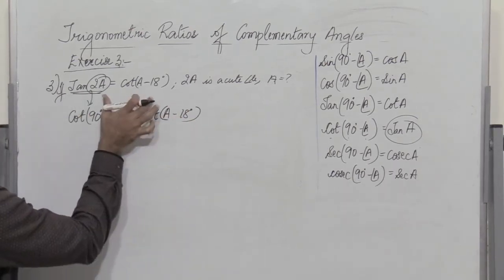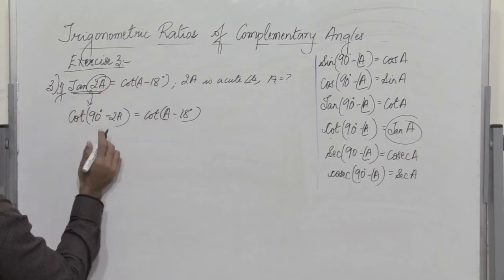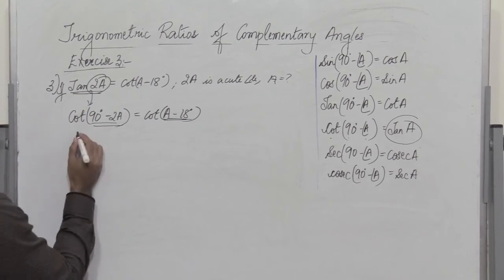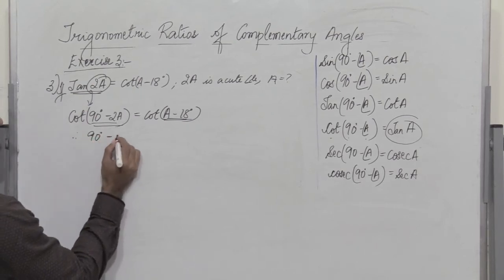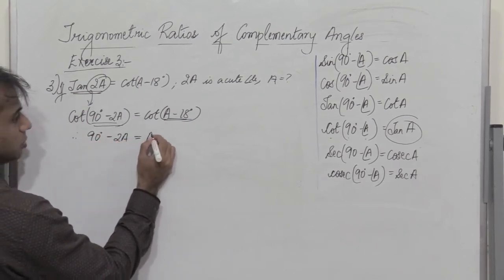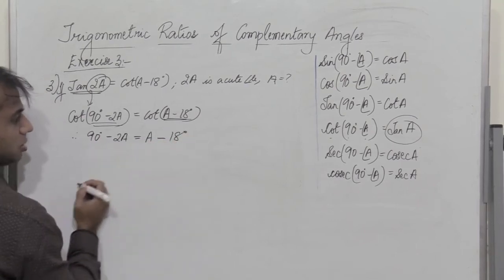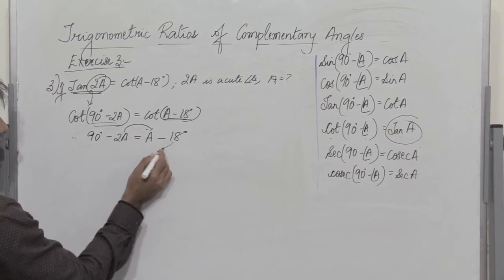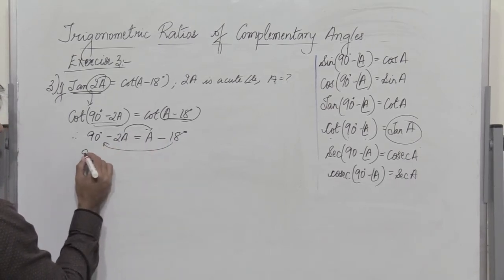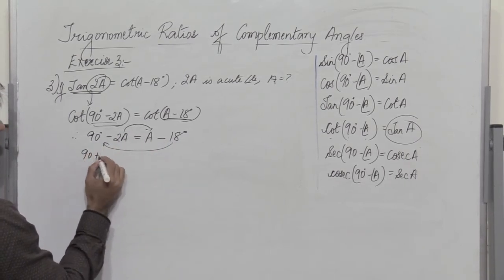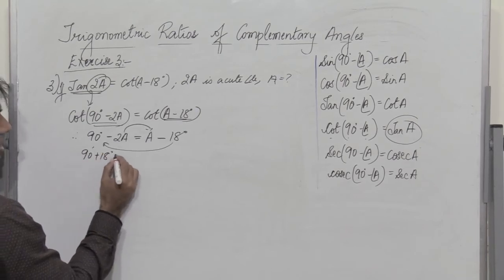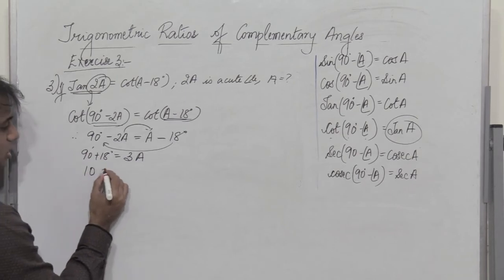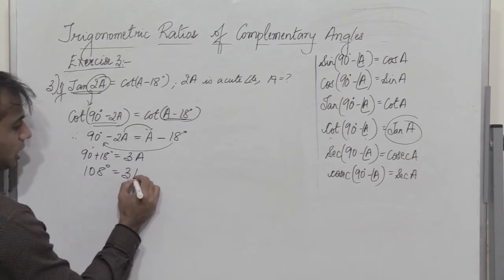Now LHS equals RHS, it's been given, so these two angles have to be equal, isn't it? Therefore 90 minus 2A must be equal to A minus 18 degrees. If I take 2A to the other side and 18 to this side, I get 90 plus 18 degrees equals 3A. So 108 degrees equals 3A.